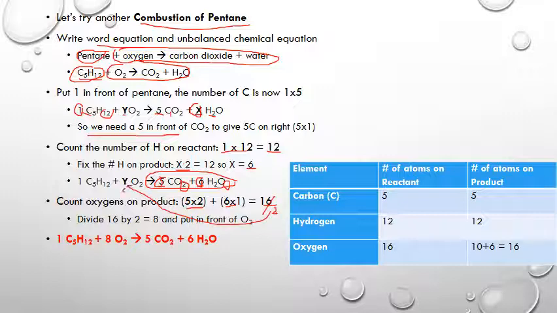Divide it by 2 and put that number in front here. And you're done. And if you count them up, that's what you get. So there's 5 carbons here, 5 carbons here, 5 times 1. 12 hydrogens, 1 times 12, 6 times 2. Number of oxygens, 8 times 2, and is equal to 5 times 2 plus 6 times 1. Okay, and you're done.